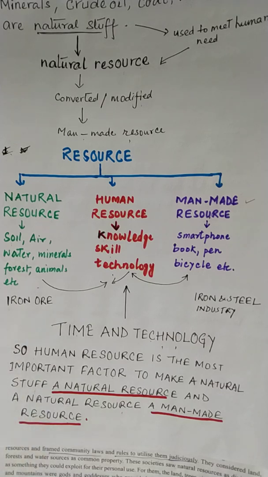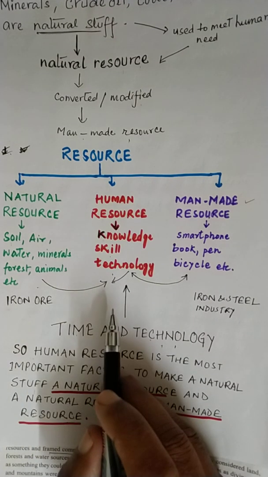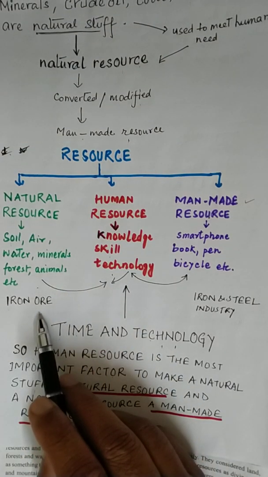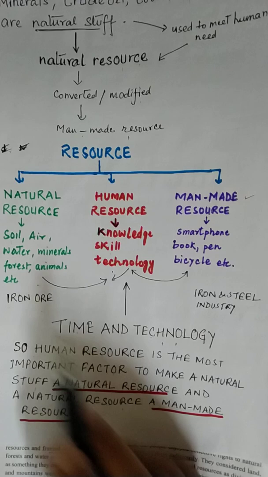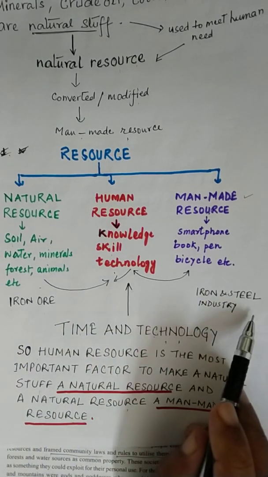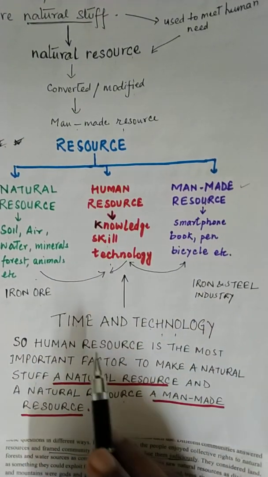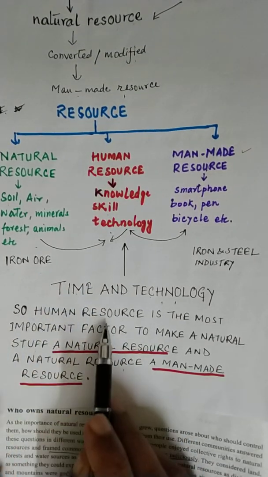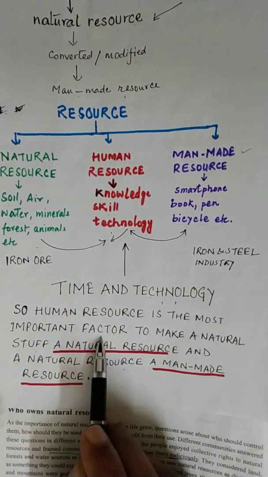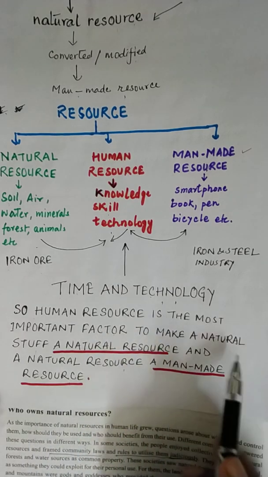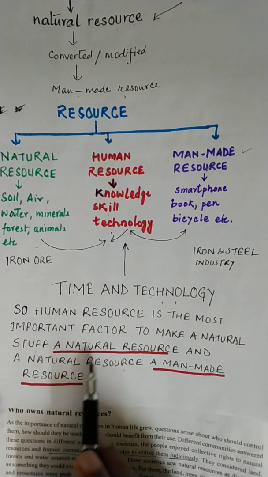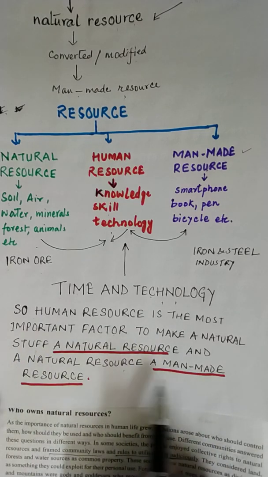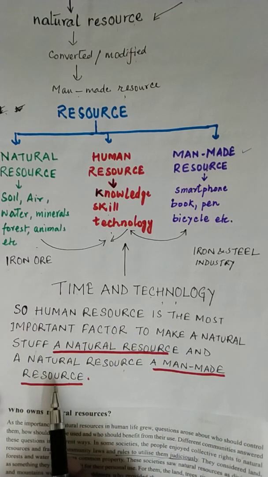That means there was no human resource who could extract iron ore or convert it into iron or steel. So what we understood is that human resource is the most important factor to make a natural stuff a natural resource, and a natural resource a man-made resource.